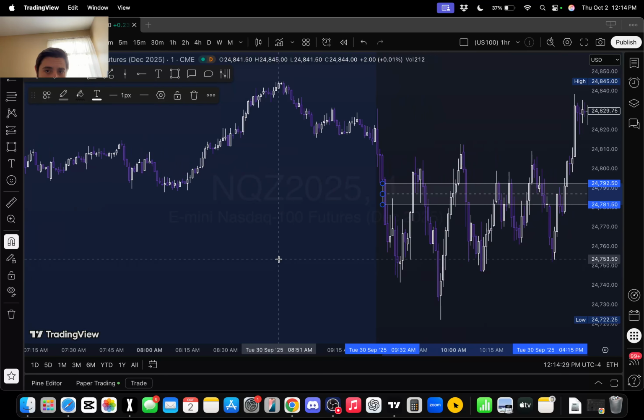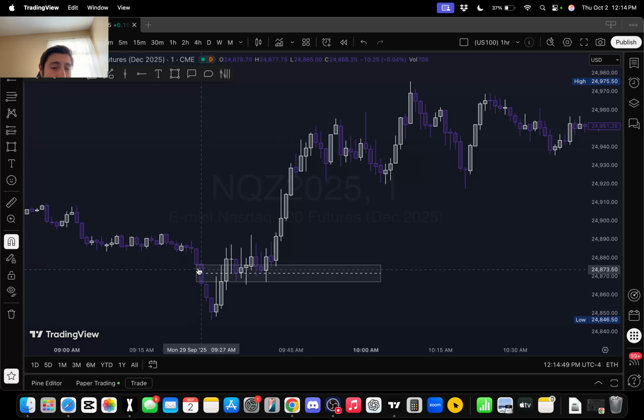So you could see here. Bearish, we trade above and then back to it. Bodies respecting. That's inversion. First present fair value gap.